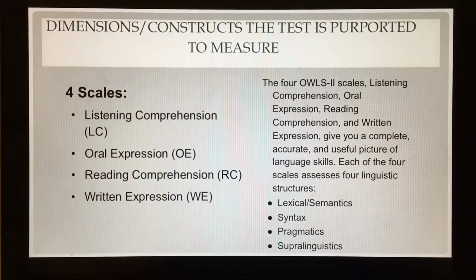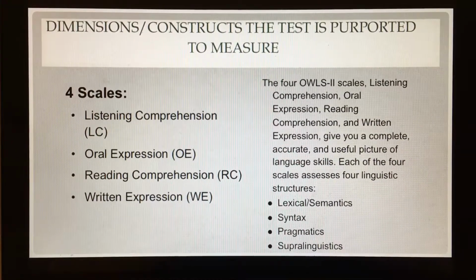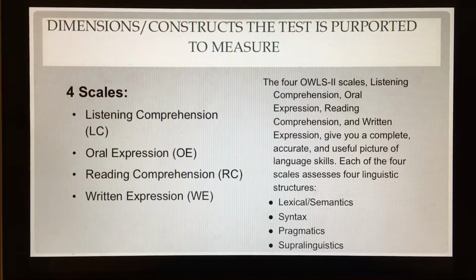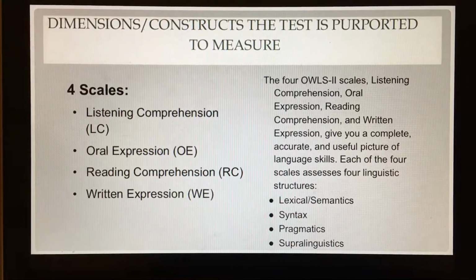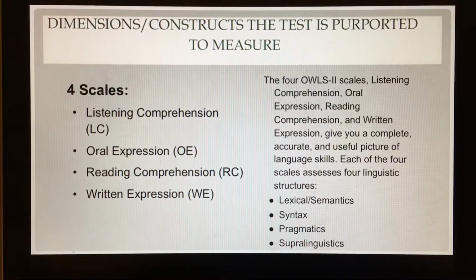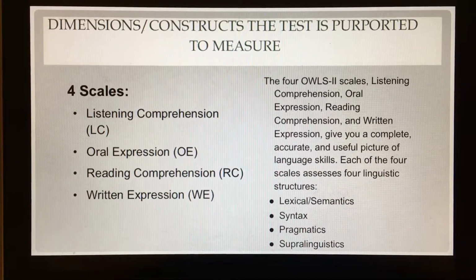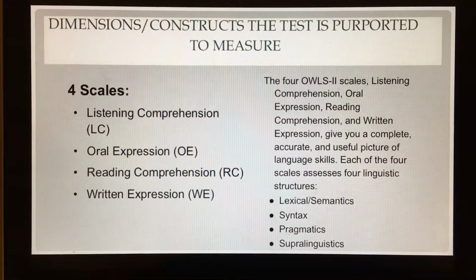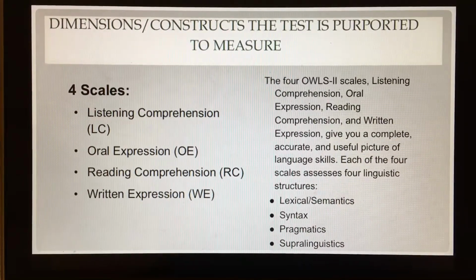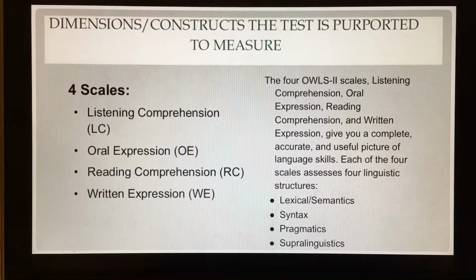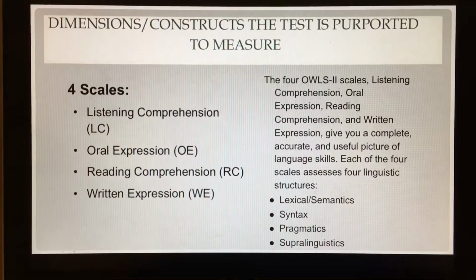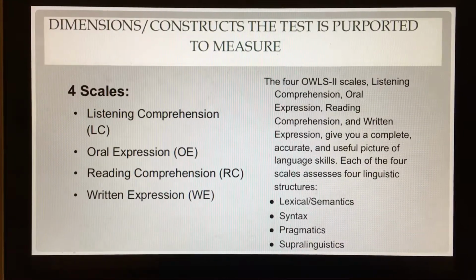Each of the 4 scales also assesses 4 linguistic structures: lexical semantics, syntax, pragmatics, and superlinguistics. So although these 4 scales can be used separately during the test, together they will give you a comprehensive score profile that pinpoints language delays, identifies strengths and weaknesses in all areas, and guides intervention.